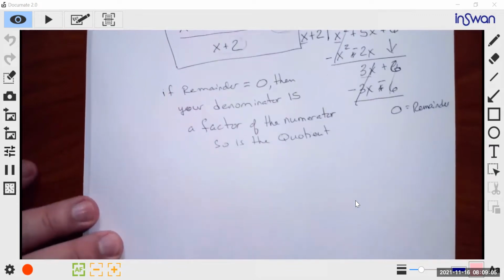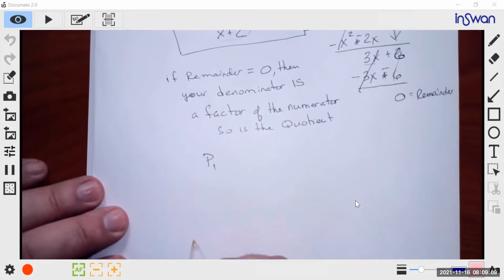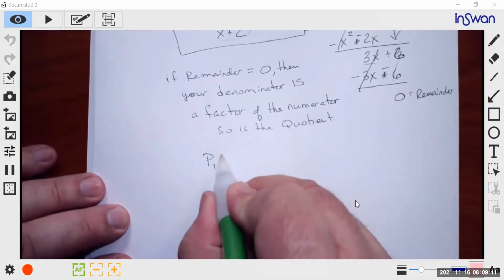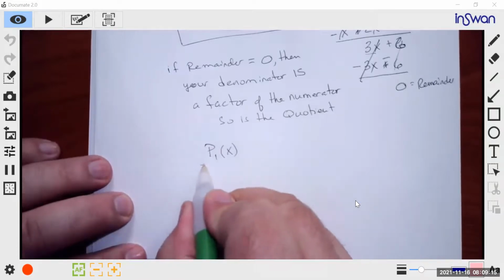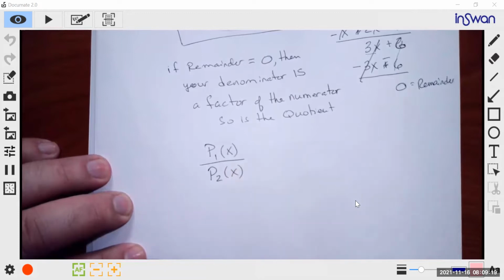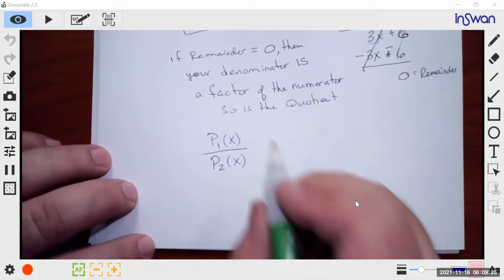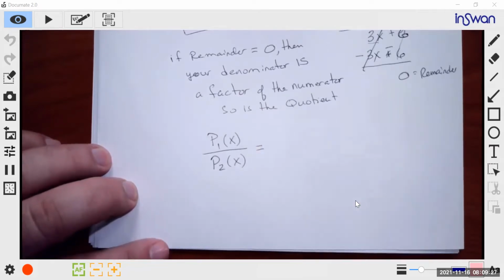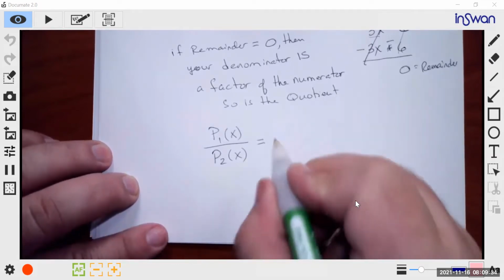So this is what it looks like. You have a polynomial. It's called polynomial 1. It's some polynomial divided by another polynomial. When you do a division of polynomials, you're always going to end up with two things.